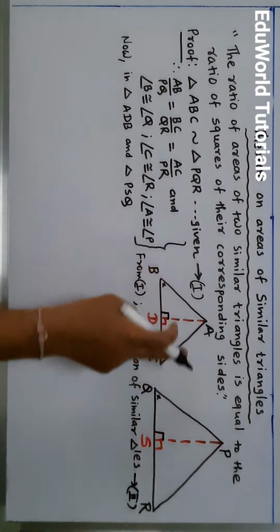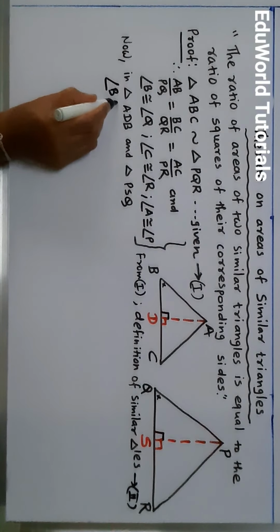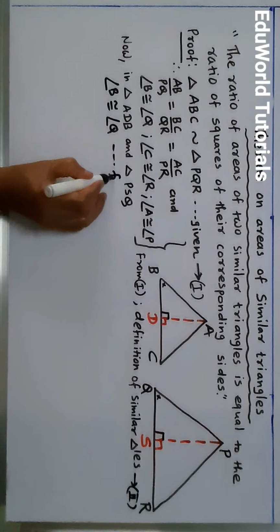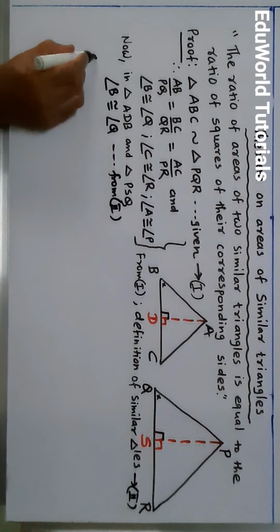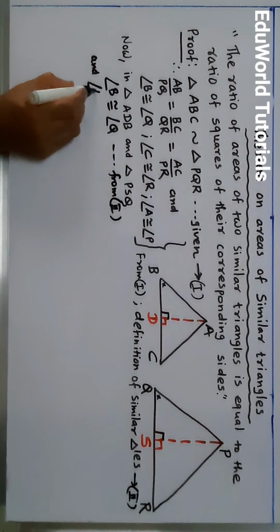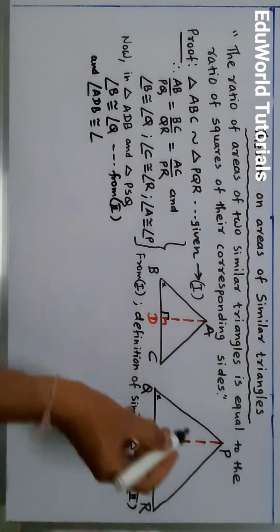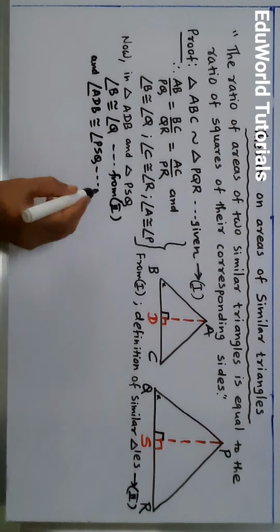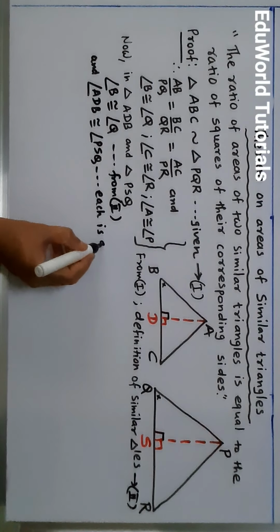This we get from 2, and we have angle ADB congruent to angle PSQ. The reason for this: each is a 90 degree angle.